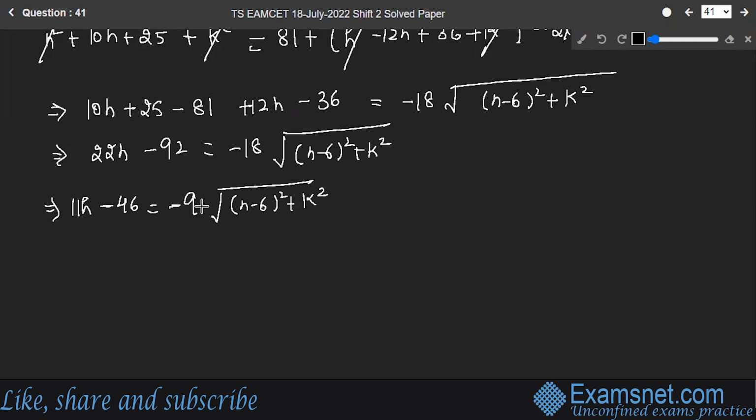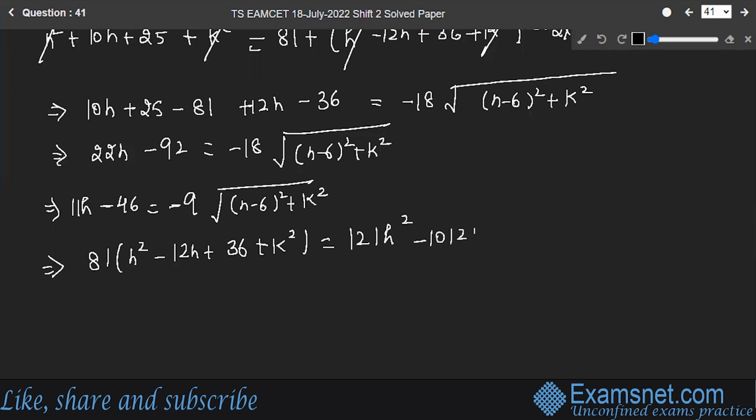Now let's again do squaring on both sides. So you will have 81 into (h square minus 12h plus 36 plus k square) is equal to 121h square minus 1012h plus 2116.